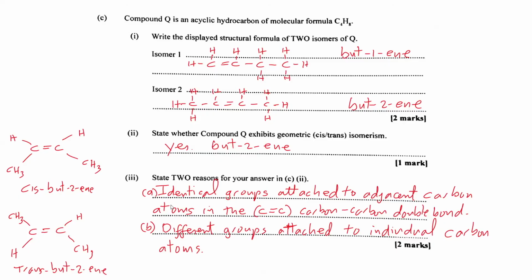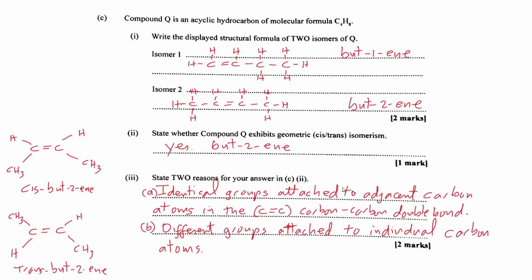Because for you to exist as a geometric isomer, aka cis-trans isomer, you must have two identical groups attached to adjacent carbon atoms. So here we have H attached to this carbon, and this is the adjacent carbon, and we have another H here, or we have a CH3 group attached to this carbon, and the other adjacent carbon also has a CH3 attached to it.